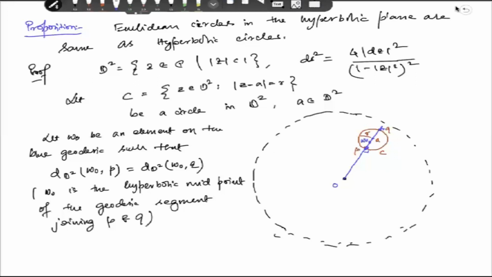So this is my W naught. This W naught will be the center of the hyperbolic circle. That thing we have to prove.